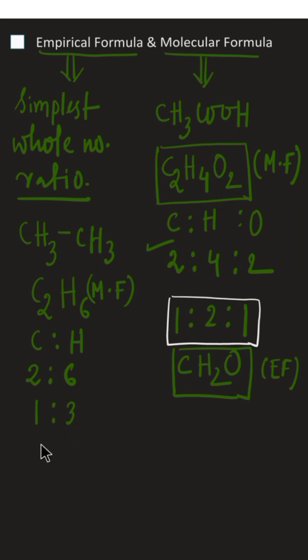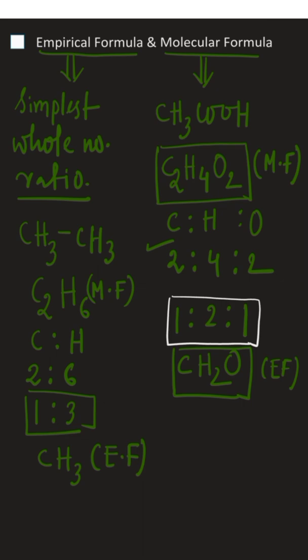That's why the empirical formula will be in that ratio. So what will be the empirical formula? It will be CH3. I think the difference between the molecular formula and empirical formula is clear to you.